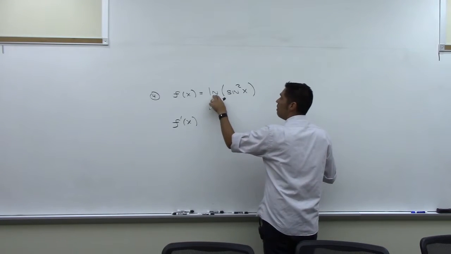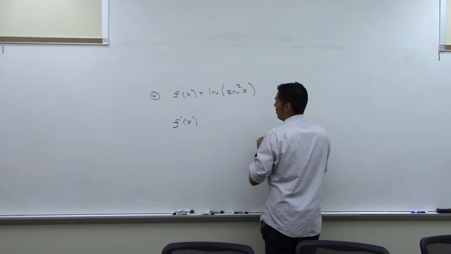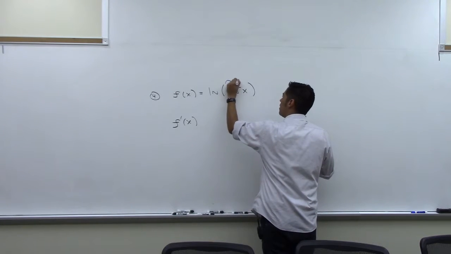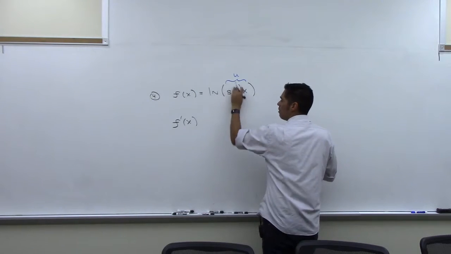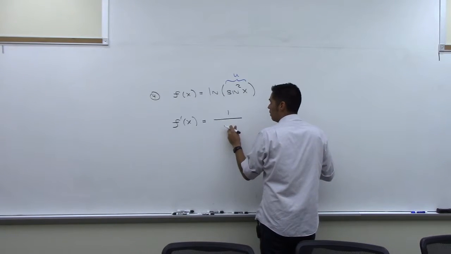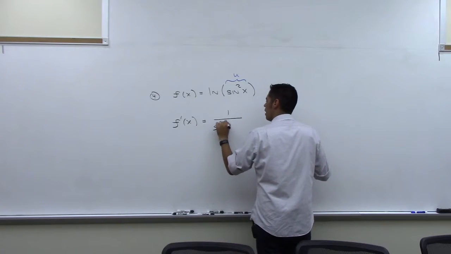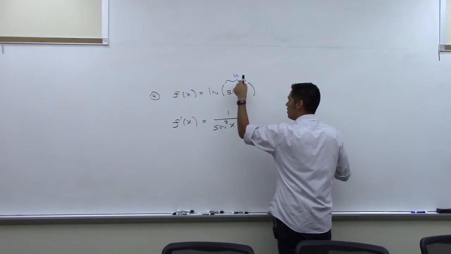I have natural log of sine squared x. This right here is also composition. But let's just look at everything in here as being u. So the derivative of natural log of u is equal to 1 over u. So 1 over sine squared x times the derivative of what's inside.